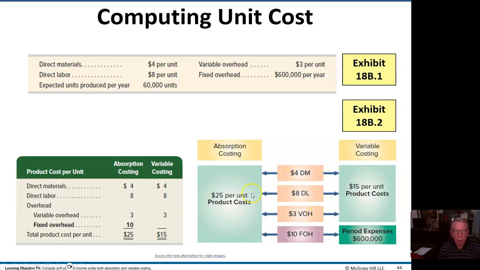Okay, so under absorption costing, $25 per unit goes to product costs, whereas under variable costing, $15 goes to product cost, with a period expense of $600,000.